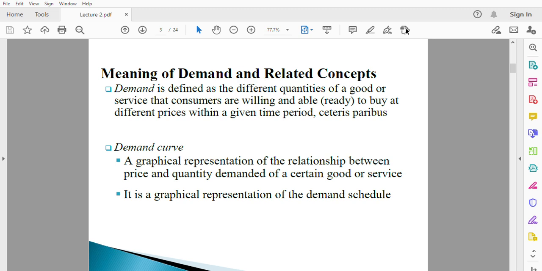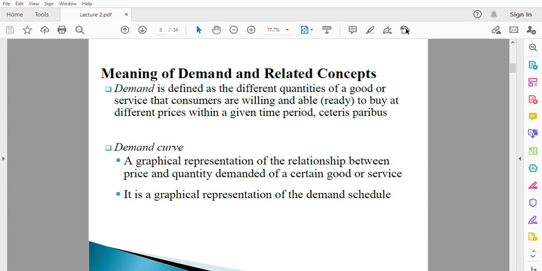So when the price changes, the quantity consumers are willing and able to buy of a good within a given period of time is demand.